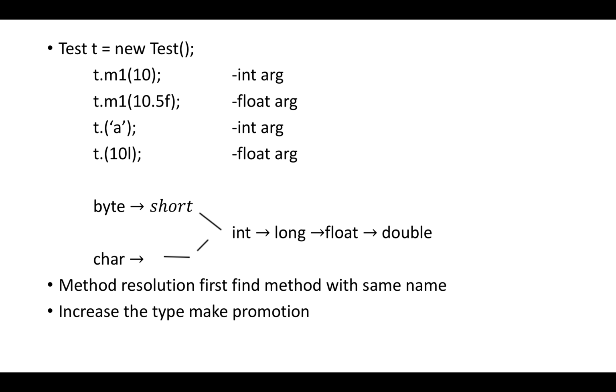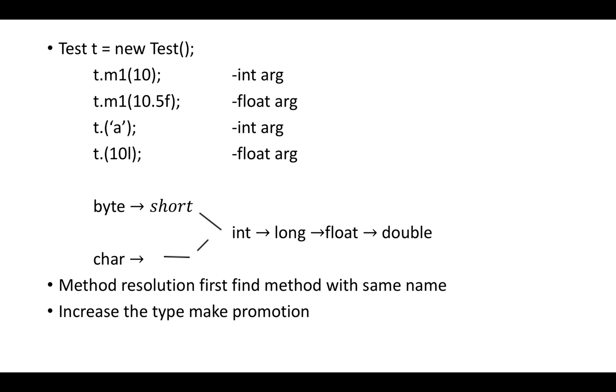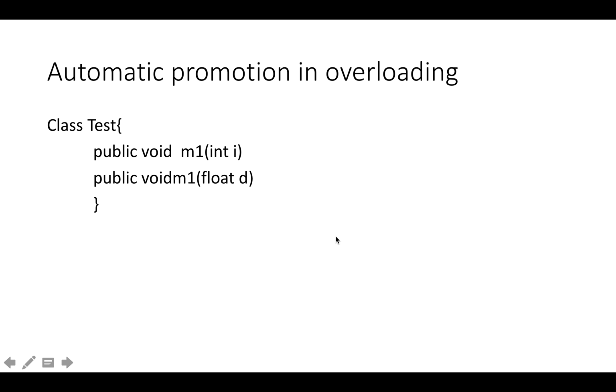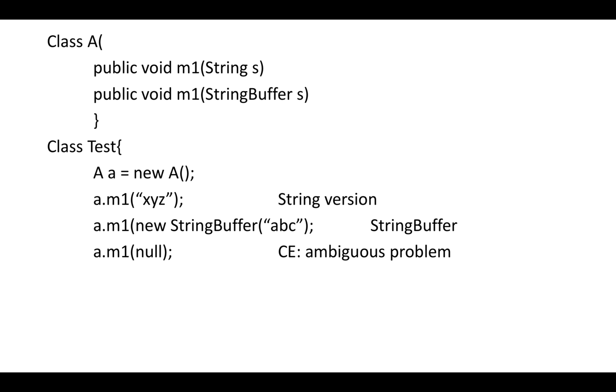In the last scenario, it will check for long, but we don't have any long argument, so it will execute the float argument. This type of promotion we call overloading promotion. You can see from the diagram, if we don't have byte, then it increases to short, integer, long, float, and double. This is called automatic promotion in overloading.